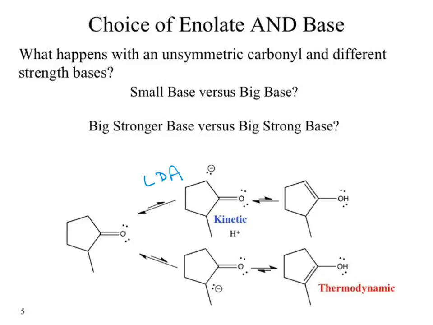Kinetic is always going to happen fastest because it's kinetic. LDA goes through and reacts with it, but is LDA reversible? No. So what happens? I form the final product and that's it. I've got my kinetic product. What happens when I add the t-butoxide?